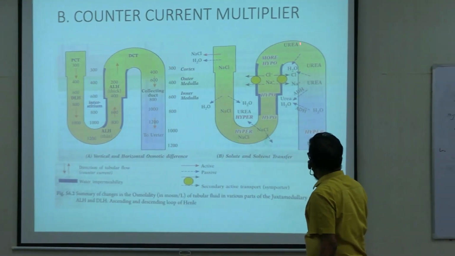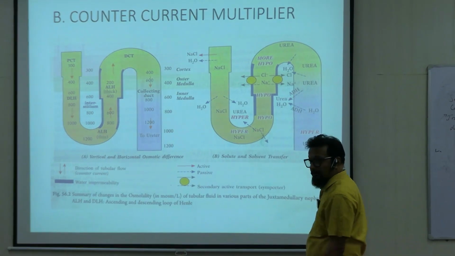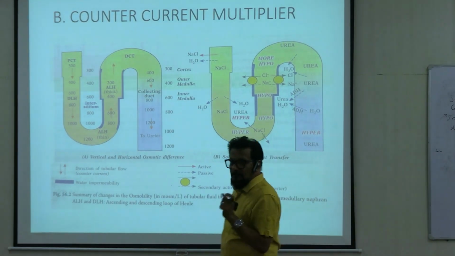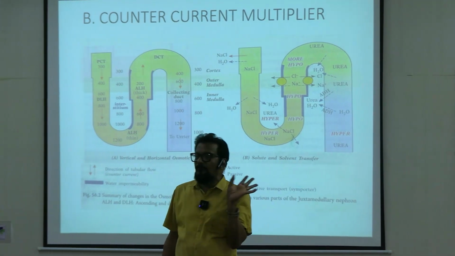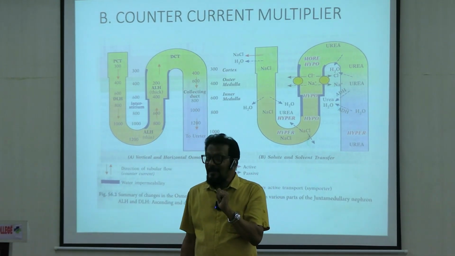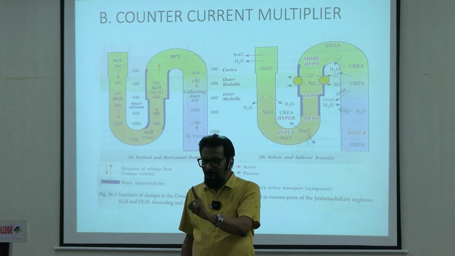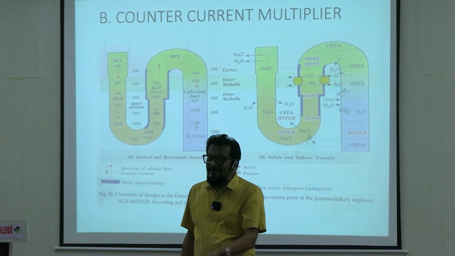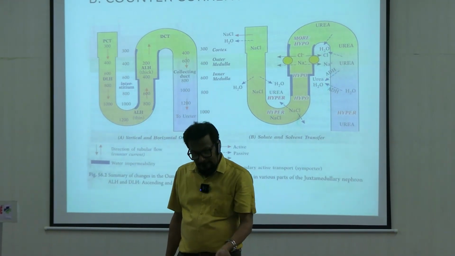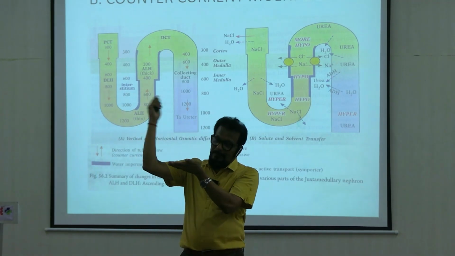The initial part, the early part of the distal convoluted tubule, has no role for aldosterone. But the later part has the role. We know what is the function of aldosterone. They increase the uptake of sodium ion, and since sodium ion is coming, water is freely coming with sodium ion.